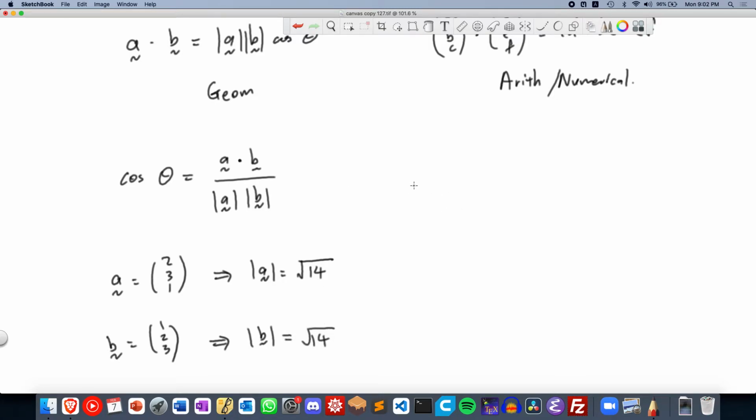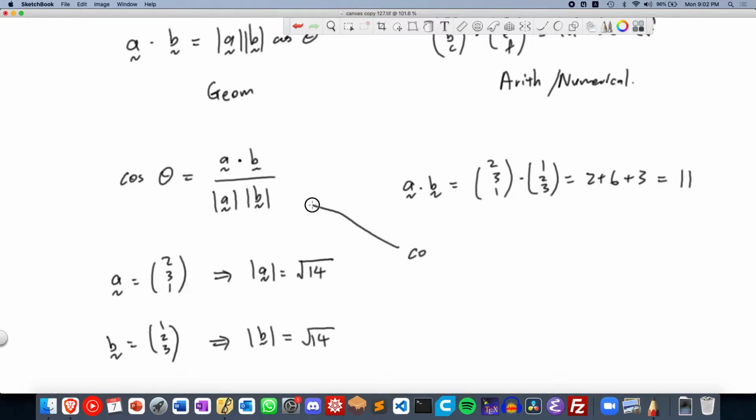Then we can compute their dot product by taking (2, 3, 1) dot (1, 2, 3), which equals 2 plus 6 plus 3 equals 11. By plugging it into the formula, the cosine of the angle between them is going to be 11 over 14, and hence the angle between them is the inverse cosine of that.